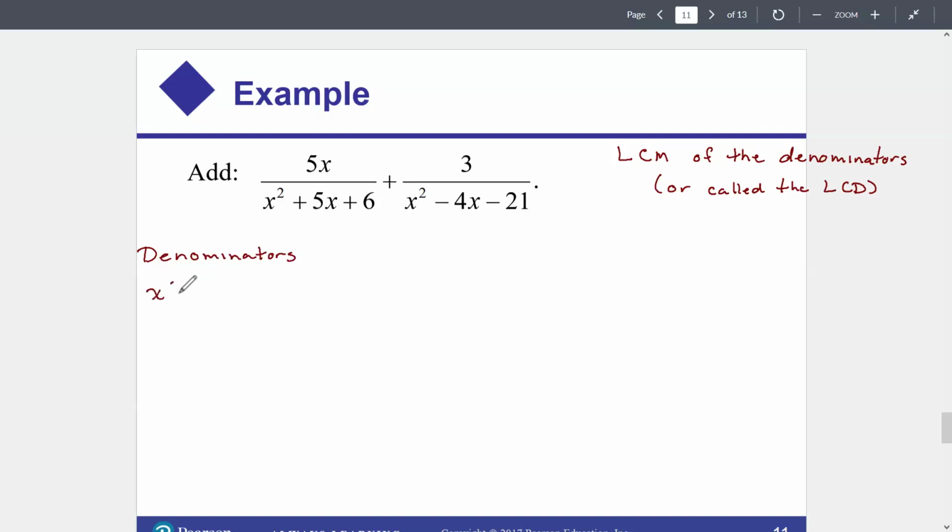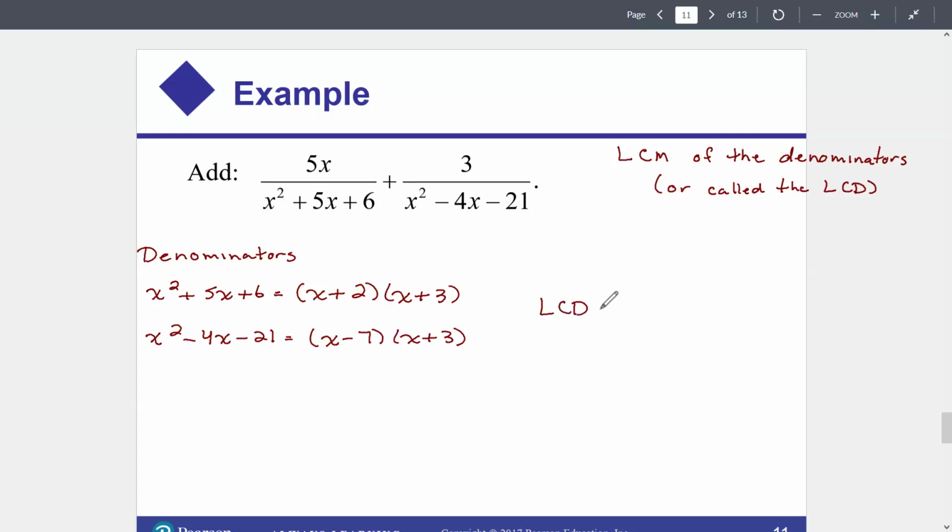If I look at my denominators, x squared plus 5x plus 6 factors into x plus 2, x plus 3. If I look at x squared minus 4x minus 21, that one factors into x minus 7 and x plus 3.